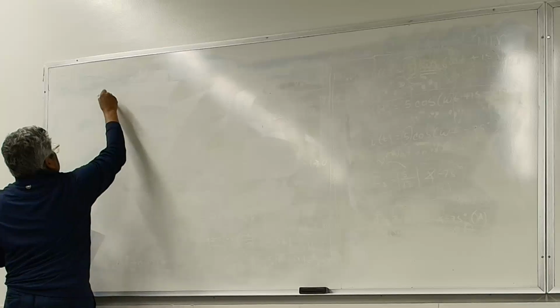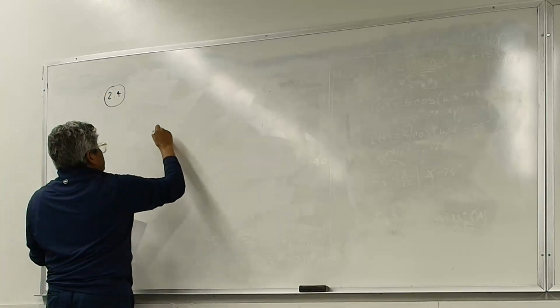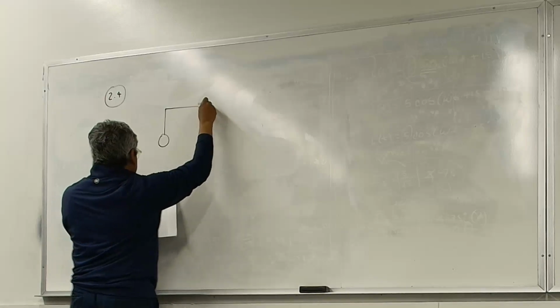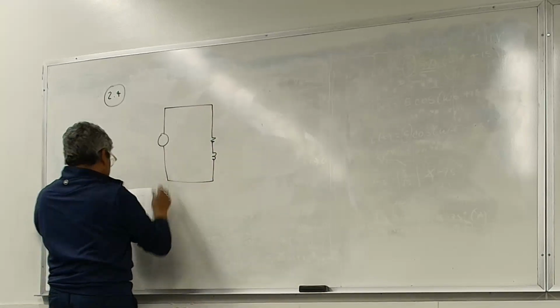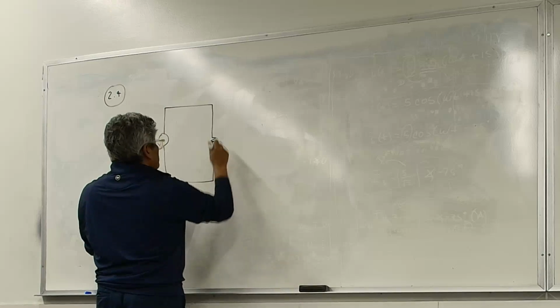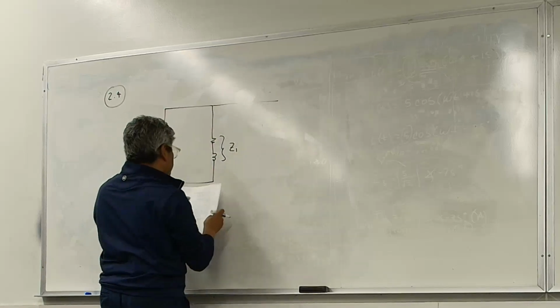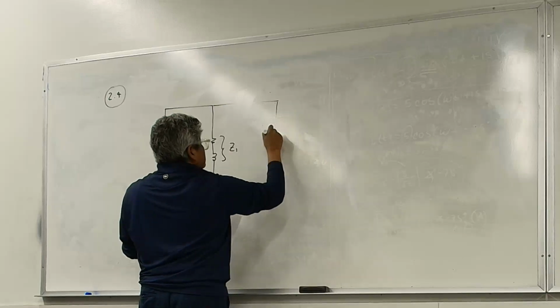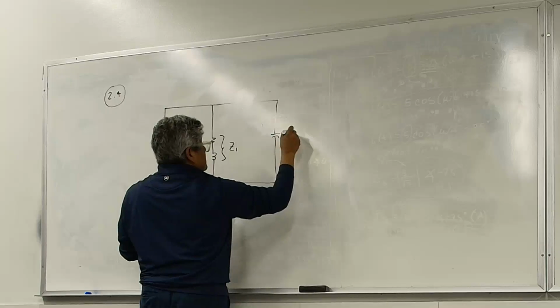All right, the next one was problem 2.4. I think on 2.4 we're given a voltage and also an impedance, like this, Z1, and another impedance in parallel, called Z2.